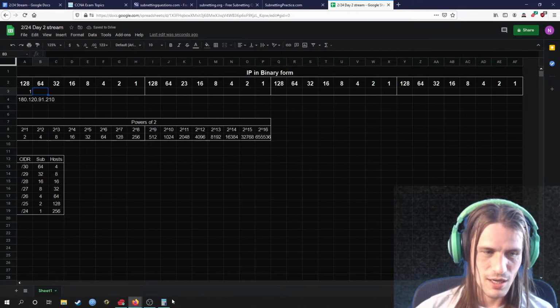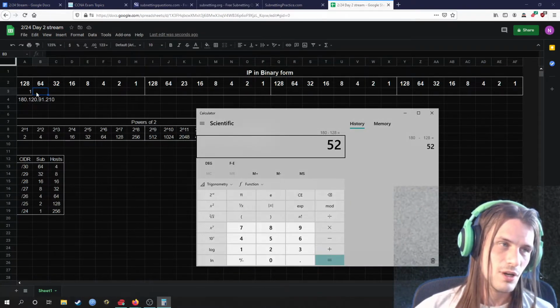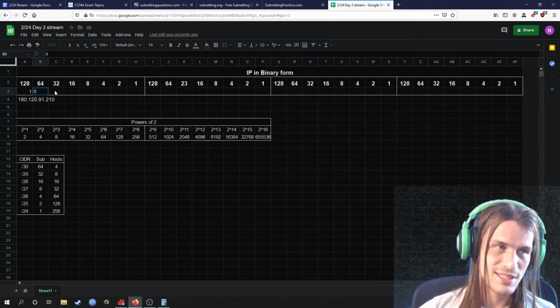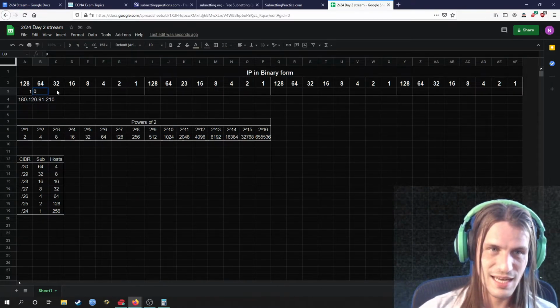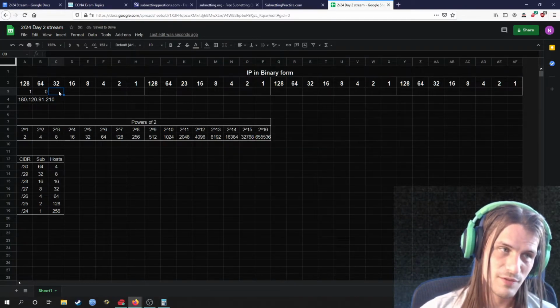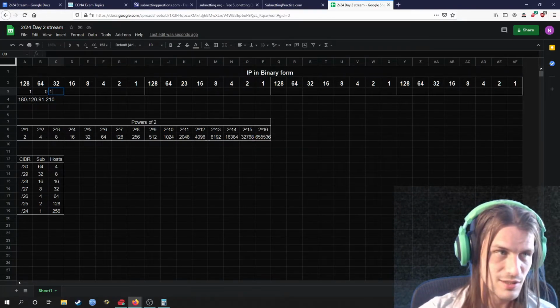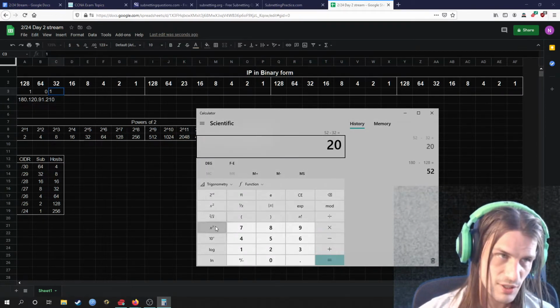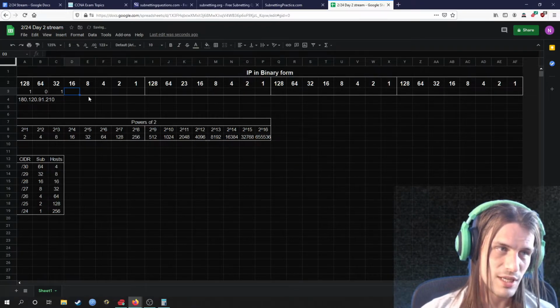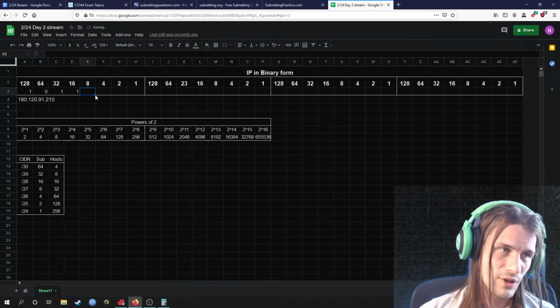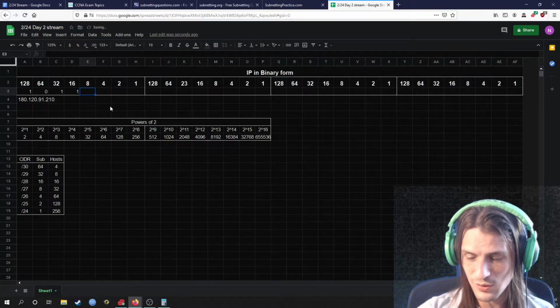of 52. Does 52 go into 64? No, it does not. So we didn't use this one. It's not active. It's inactive. It's a 0. Does 32 go into 52? Yeah, it does. So this one's going to be active, and we're going to minus off 32 more. Now we got 20. Does 16 go into 20? It sure does. We got 4 left over. Does 8 go into 4?